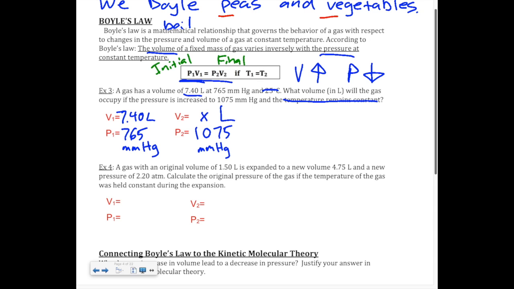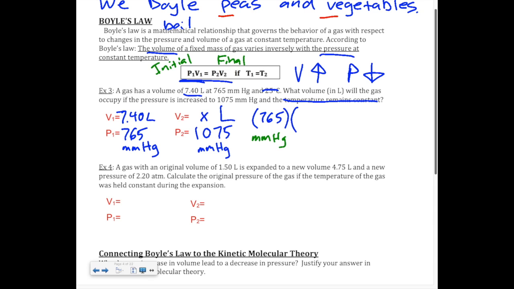Now I need to take what I've written from my known information and plug it into the equation and then just solve for X. So P1 is going to be 765, and hold on, I'm going to put my units underneath so I have enough space, millimeters of mercury.